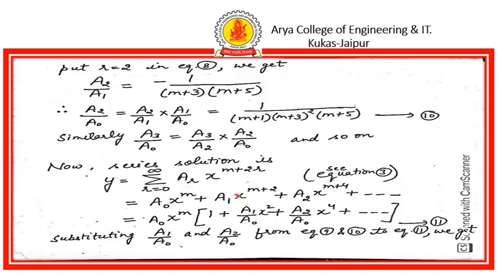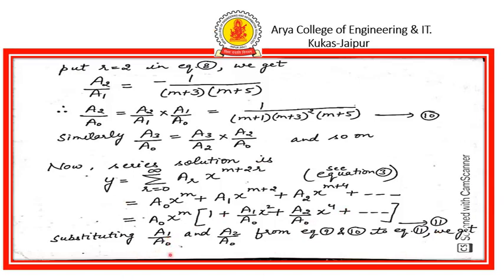Put r equals 1 in this summation, plus r equals 2 in this summation, and so on. We take the common term a0 x to the power m, and in the bracket we have 1 plus a1 by a0 x square plus a2 by a0 x to the power 4 plus so on.